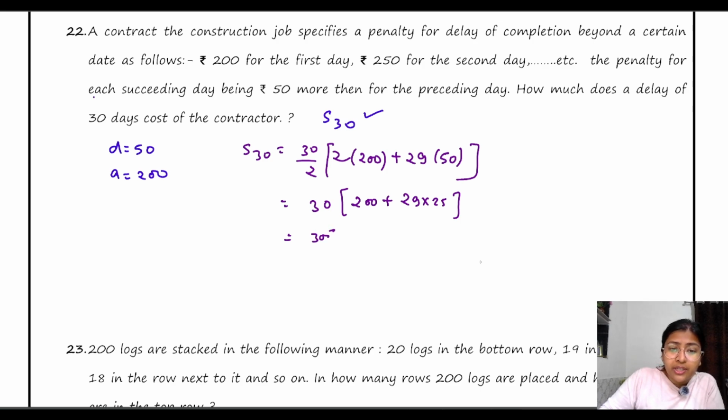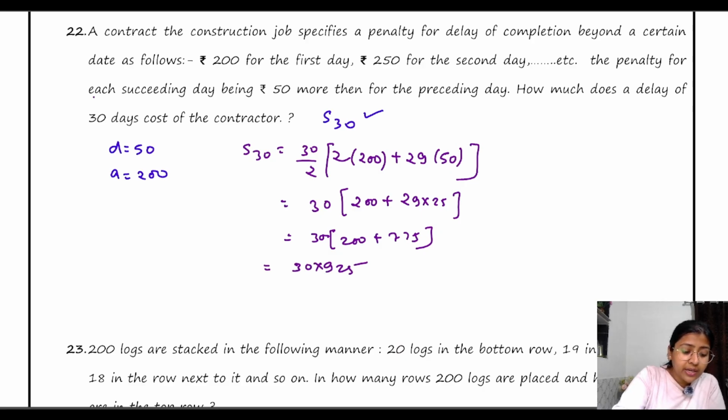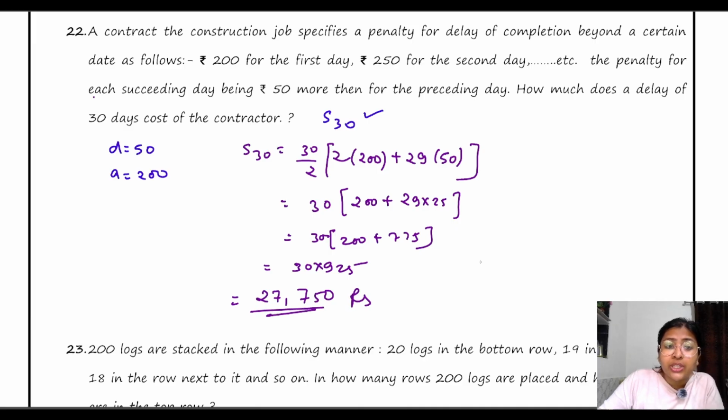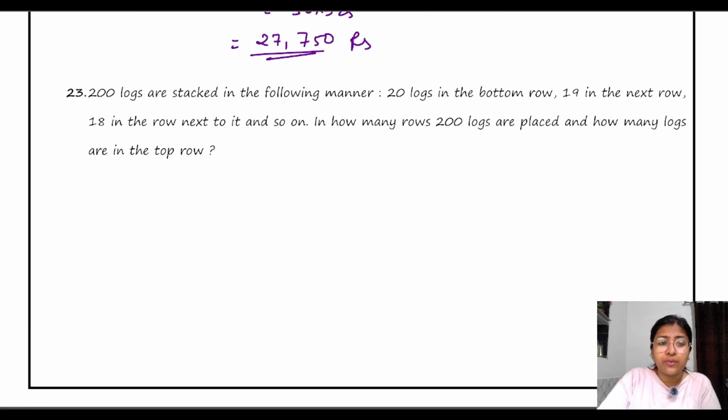So 30 bracket 200 plus 725, add these two. So 30 into 925, and 925 into 30 will be 27,750. This is the penalty of 30 days. Okay, learners, this question is clear to you. So you need to read the question carefully and see what they are asking for. Okay, now the next question.